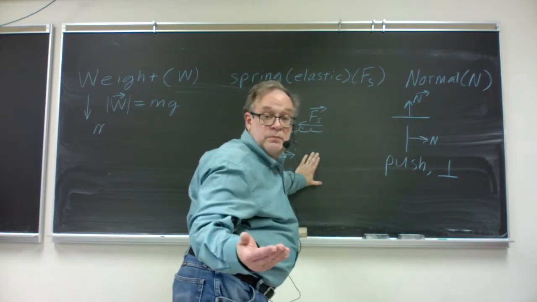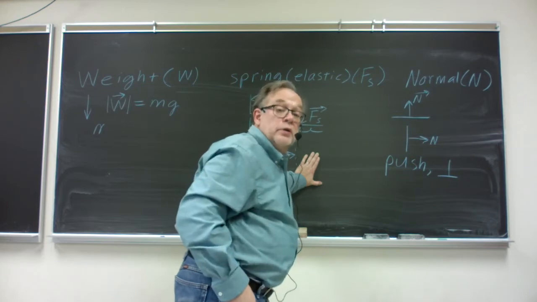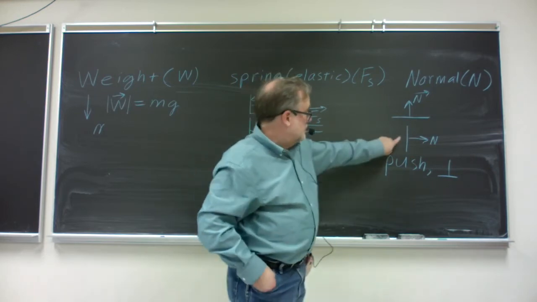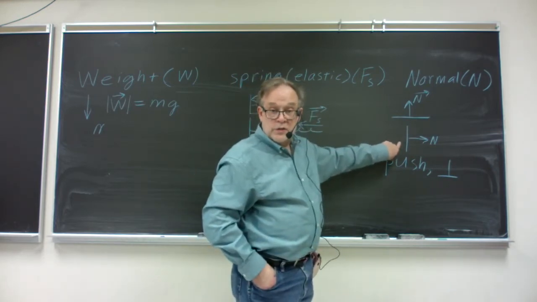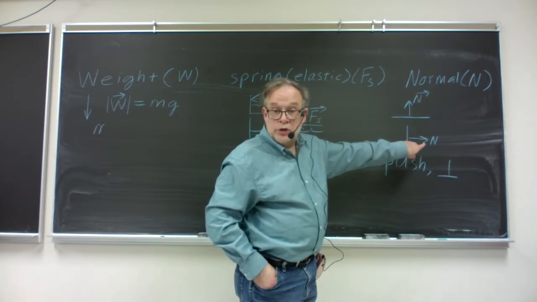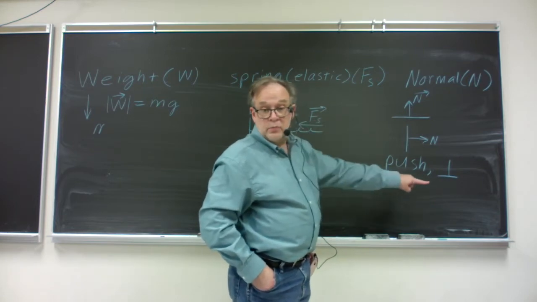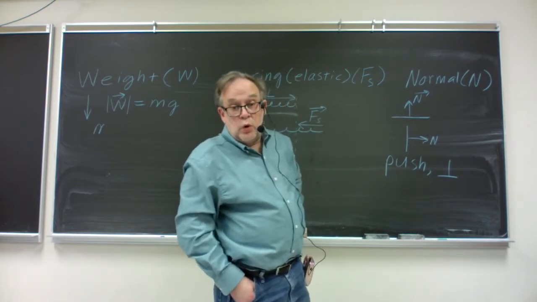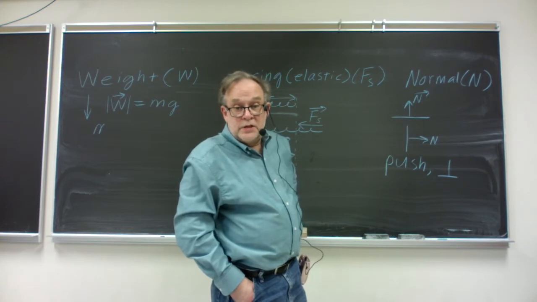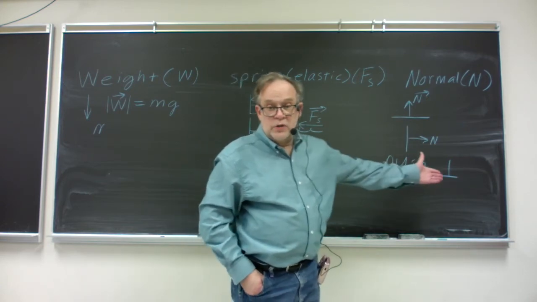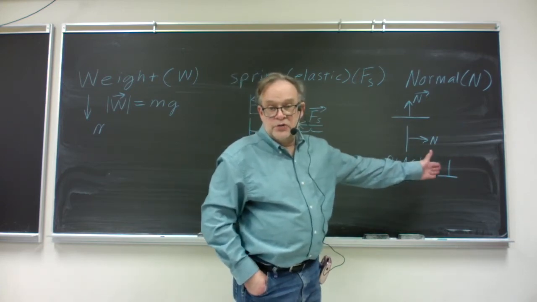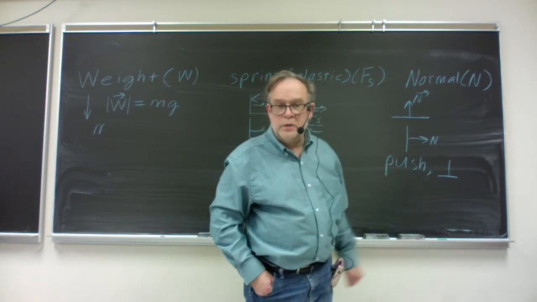And that push from the surface of the blackboard is a normal force. Right? A vertical surface, the blackboard, pushing horizontally on me. And then what I've written down here is just to say what normal force is. It's a push from a surface, and it's always perpendicular to the surface. Just the symbol for perpendicular there.